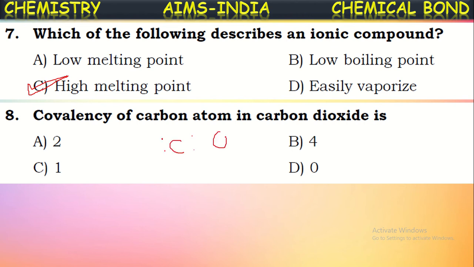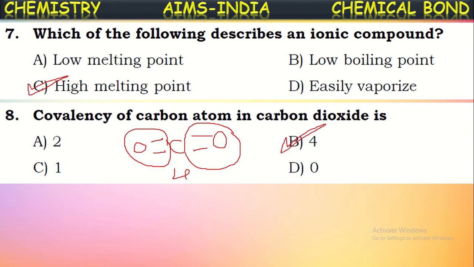So it forms 2 covalent bonds with each oxygen atom and hence totally it is sharing 2 pairs of electrons with each oxygen. So finally it is sharing 4 pairs of electrons with the 2 oxygen atoms. So hence we can say the covalency of carbon in carbon dioxide molecule formation is 4.